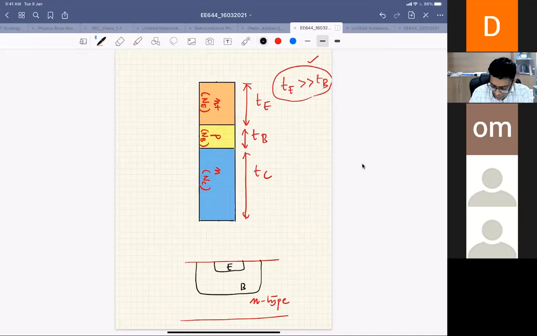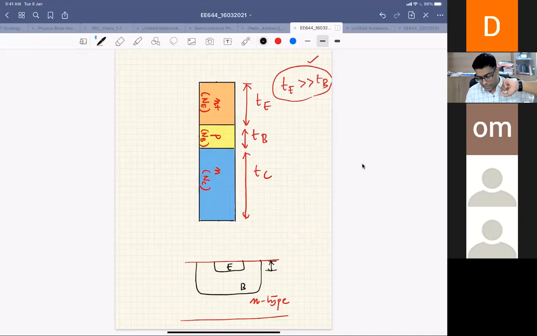If I want this T_E to be deep enough, higher, implantation is generally done by implanters, and if you want T_E to be high, then your implant energy needs to be high.